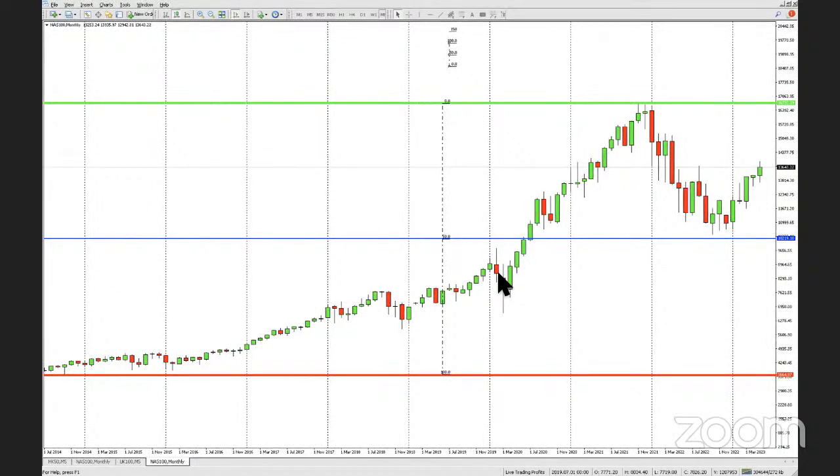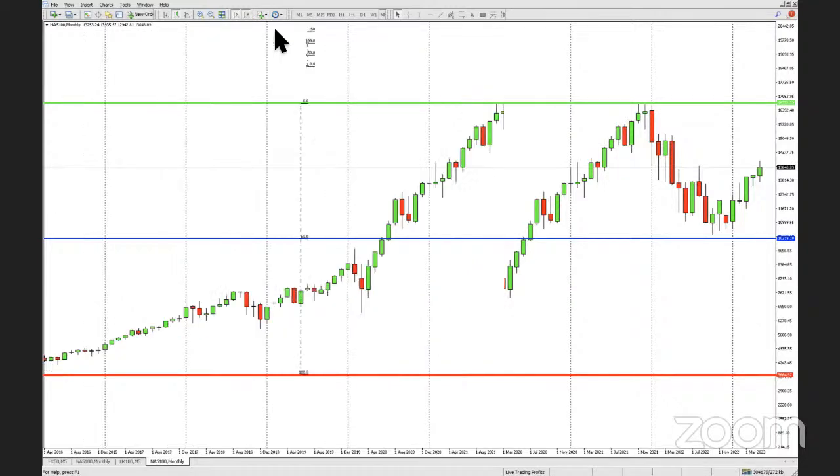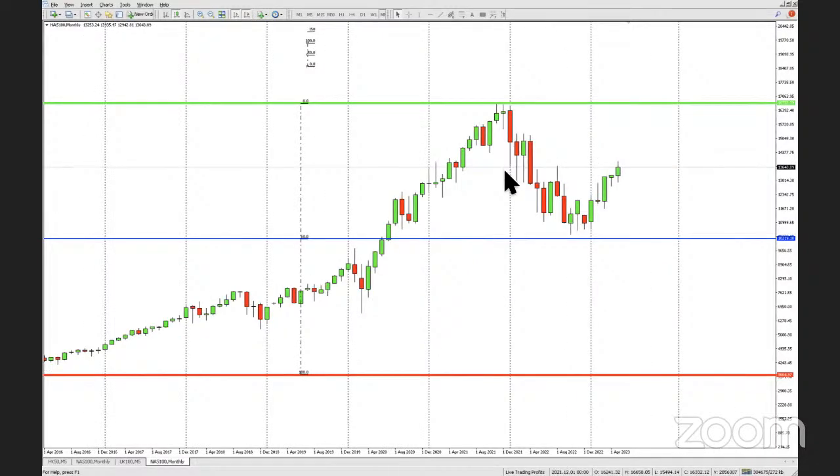So if I anchor from the top and pull it to the bottom, I get my 50% midpoint. Then, of course, you just have to say to yourself, what else can I see that the market might be responding to or has responded to in the past? What's significant for me to look at? That cluster of lower highs would be important.